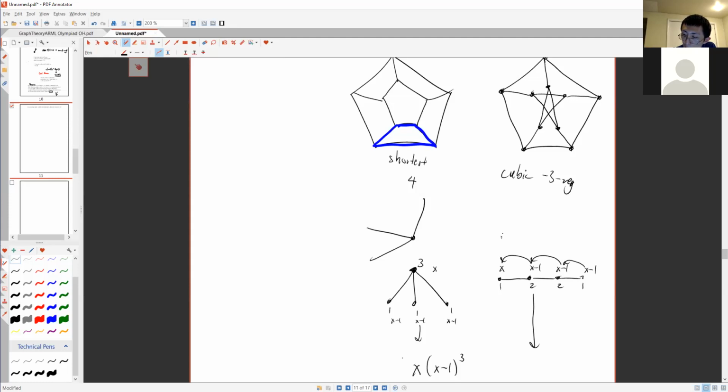And we could have chosen them in a different order too, right? There's x choices here, x minus 1 choices there, x minus 1 choices there because it's different from that one, and x minus 1 choices there if these are connected like that. So at any rate, these have the same chromatic polynomials, that and that, but they're not isomorphic.